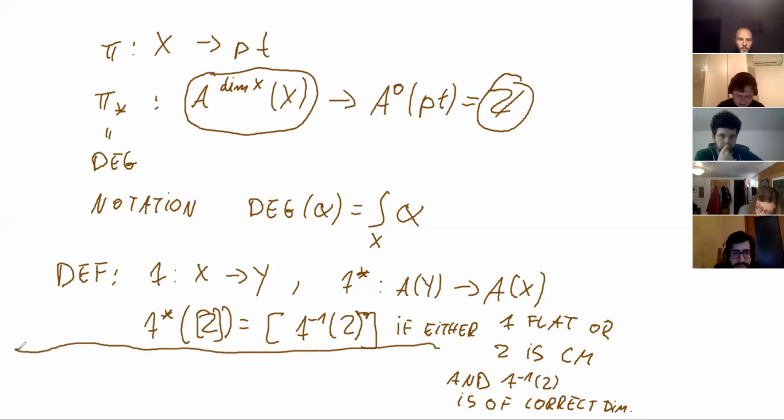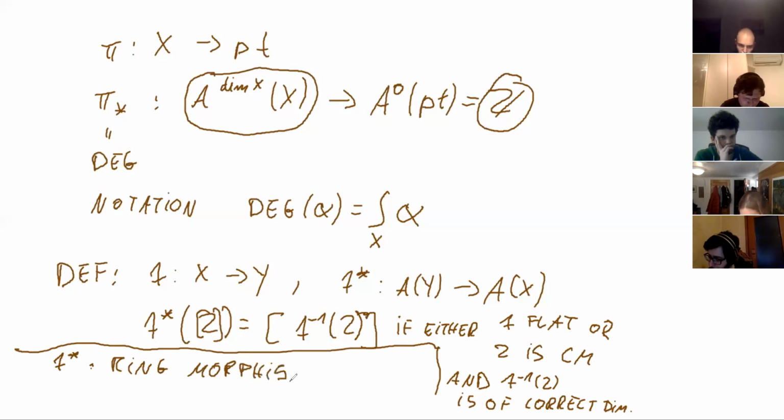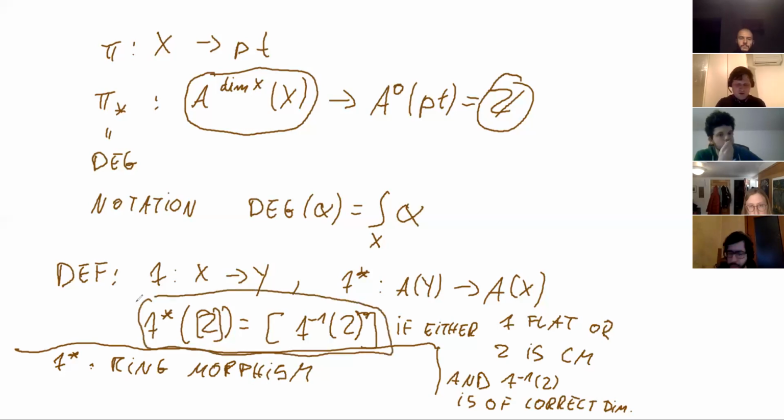I want this to be a map of rings, a ring morphism. Now, the fact that some assumptions are needed for that, if you know blow-ups, consider a blow-up of a point, and different things will happen if you take a point that you are blowing up and a point that you are not blowing up. Any questions?